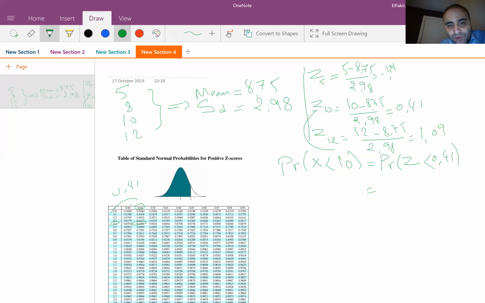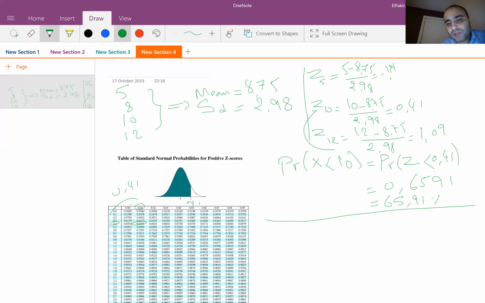So the probability of being below this value is 0.6591. If you want to make it a percentage, you simply multiply by 100, and so this is 65.91%.